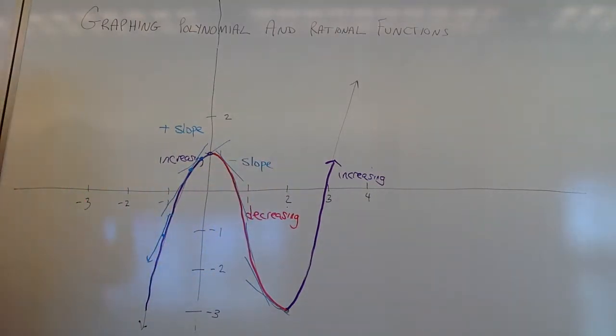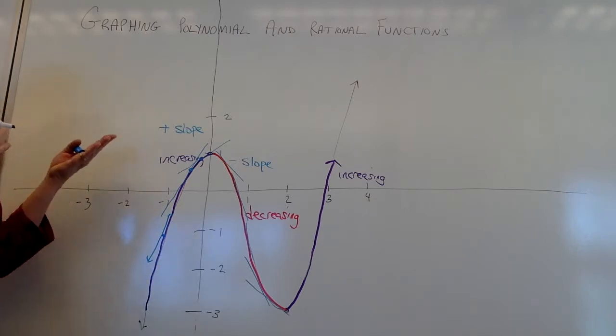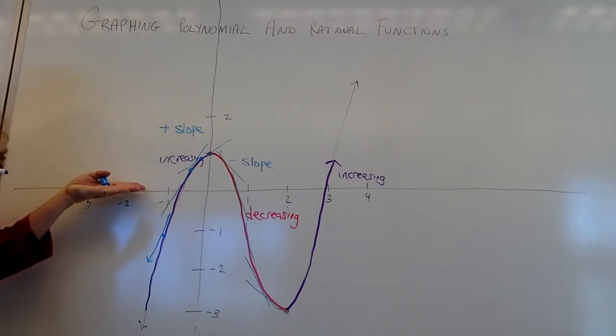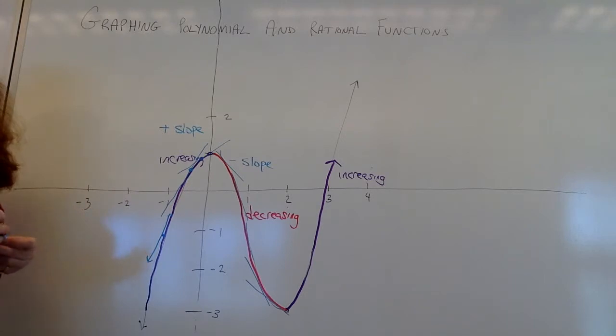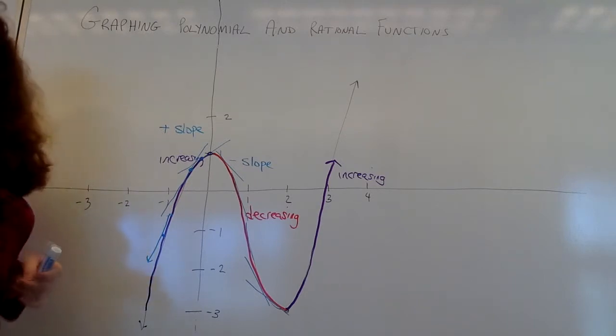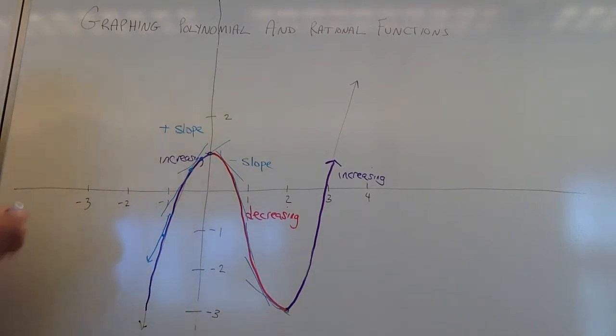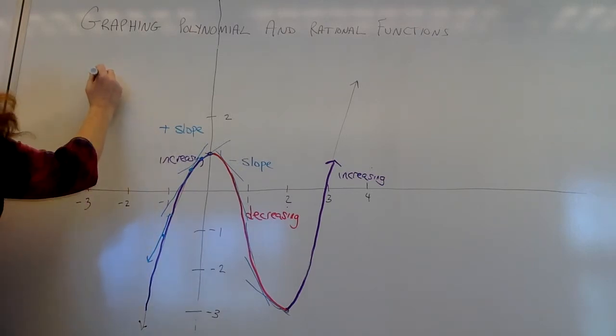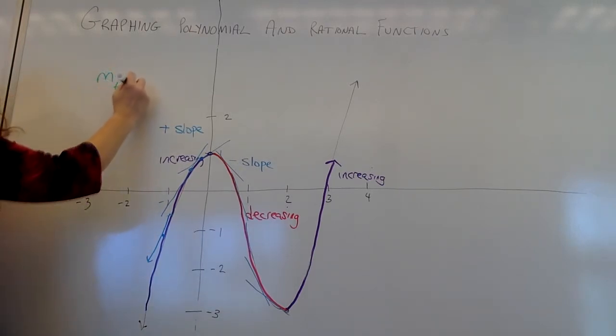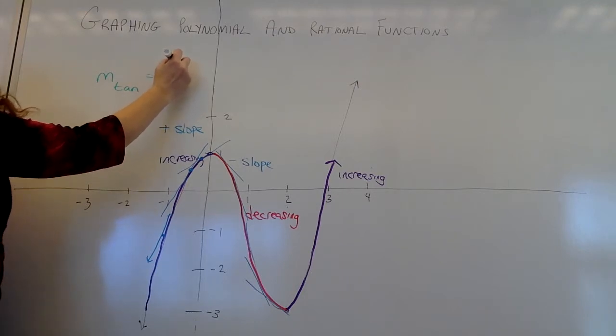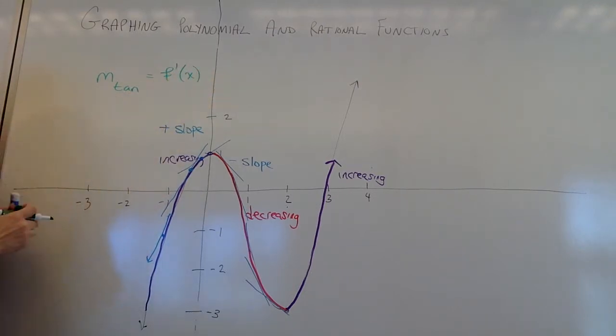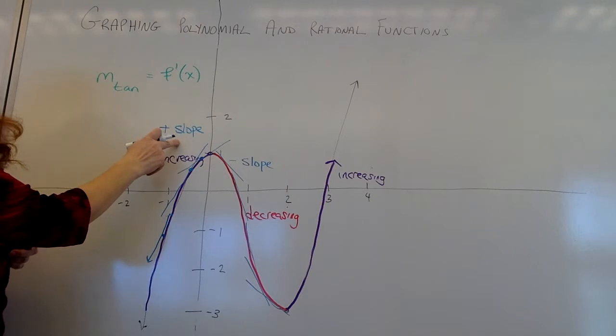Well, how does that relate to a function? How is the slope of the tangent line connected to the function? Well, it's connected by the derivative. So the slope of the tangent line is equal to the derivative of the function. So what does that mean?